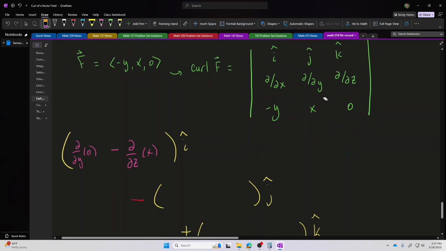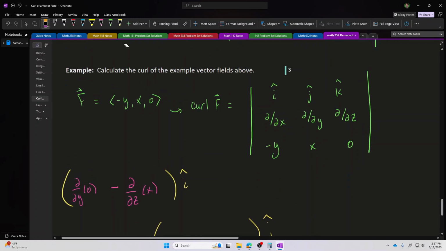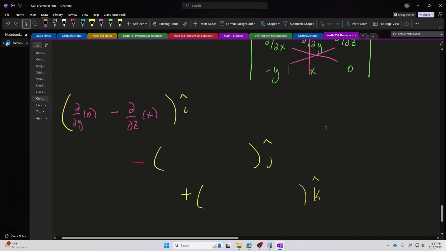Same thing is true for the j hat portion of this determinant. I'm going to go into my matrix, eliminate the row and the column containing j hat, and then I'm just going to focus on the diagonal products of the remaining 2 by 2 matrix. So this is saying take the partial with respect to x of 0, and then subtract the partial with respect to z of minus y.